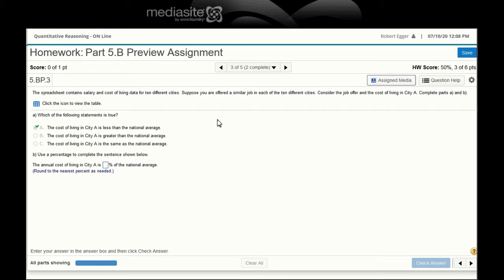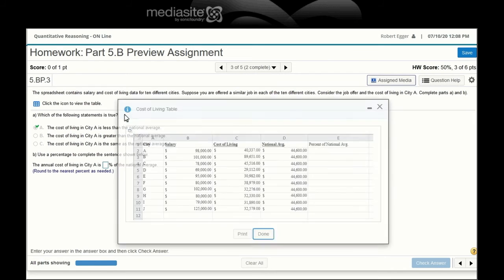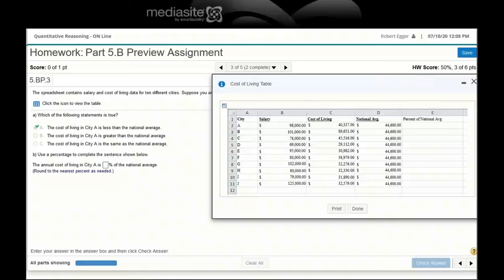Oops, should have kept those numbers up. So let's see, part B is, what is the percentage of city A to national average? Now remember, that was basically cost of living divided by national average.